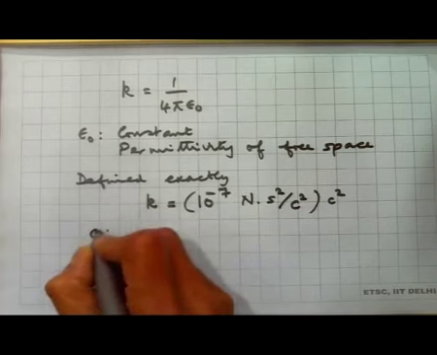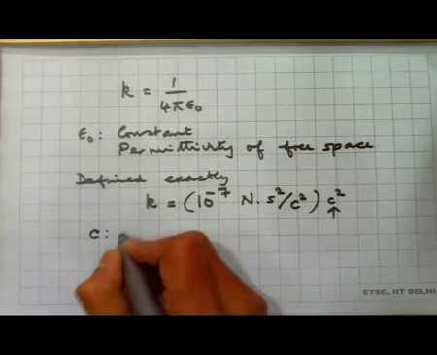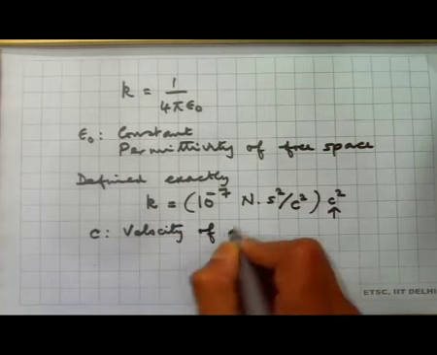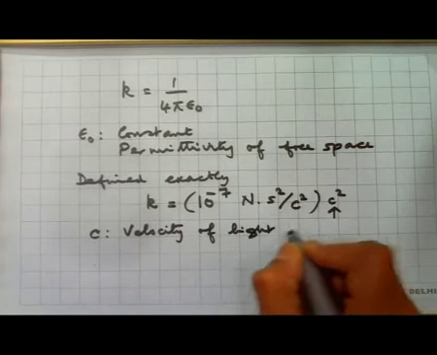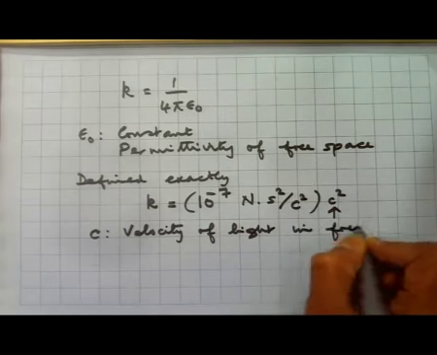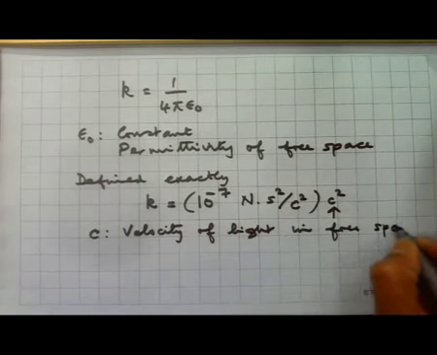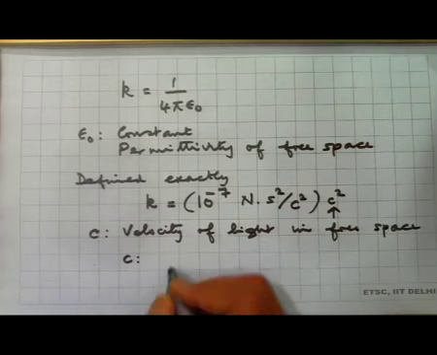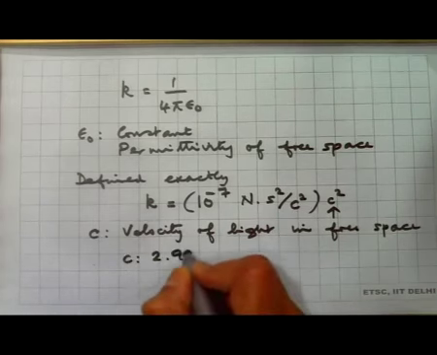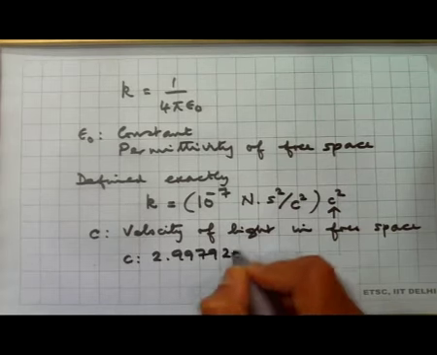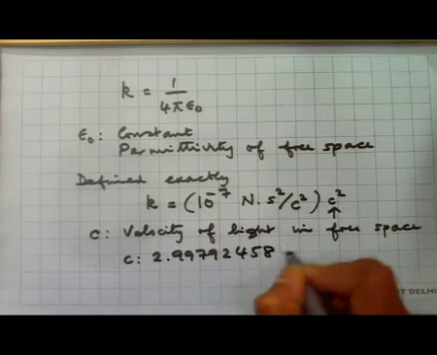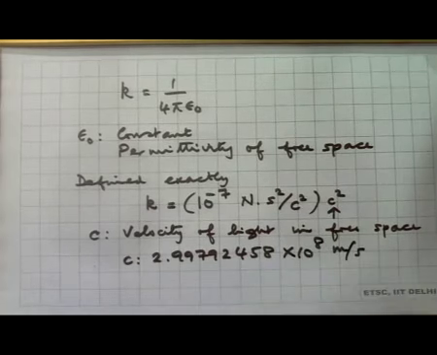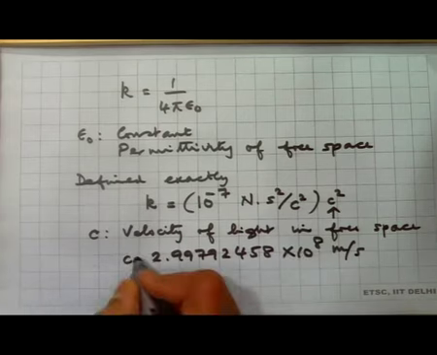The c, small c, is the velocity of light in free space, and it has a definite value 2.99792458 into 10 to the power 8 meters per second. This is now a fixed value of c.